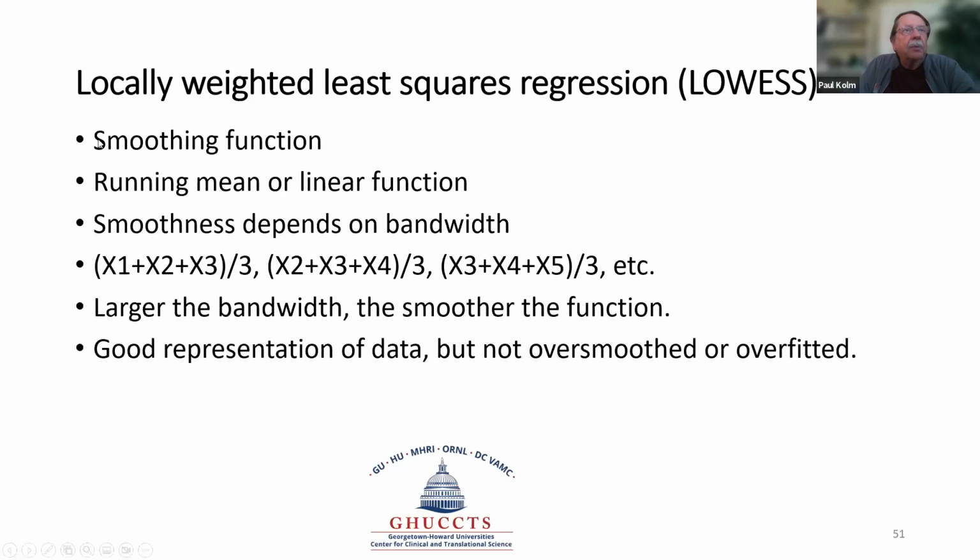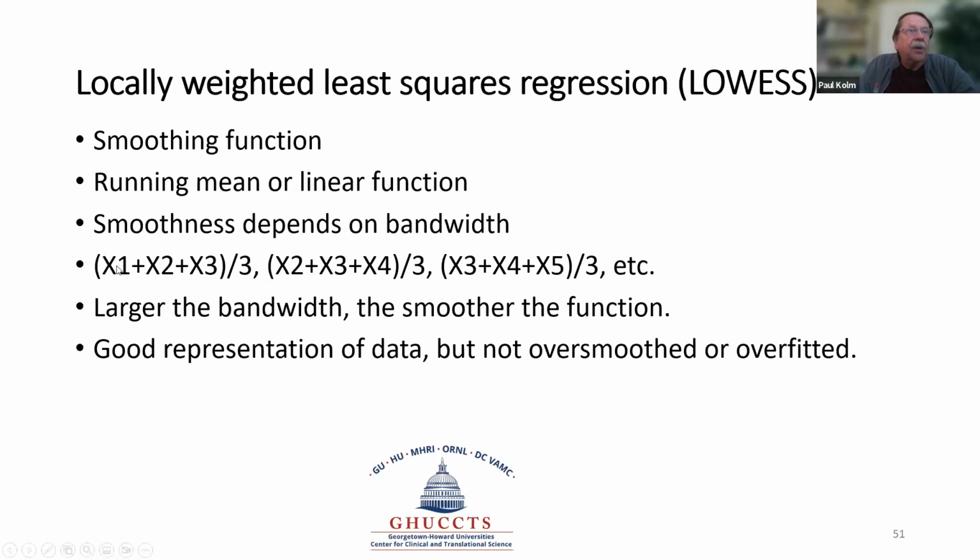So that's my first point in the smoothing. Then for my second point, I would take the second, third, and fourth values, divide by 3. Then I would take variables 3, 4, and 5 and divide by 3 and so on. And so basically here, the larger the bandwidth, the smoother the function.